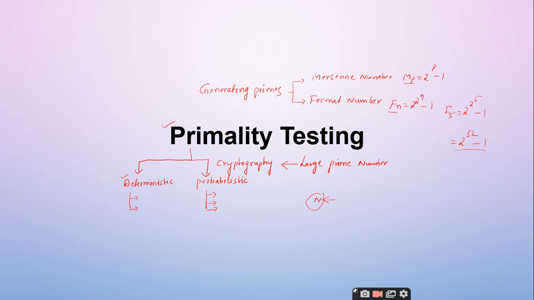In a similar manner, the deterministic algorithms under primality testing always give correct answers. These deterministic algorithms always output the correct answers. Whereas the probabilistic algorithm gives an output, but this output is correct most of the time, but not always, right?